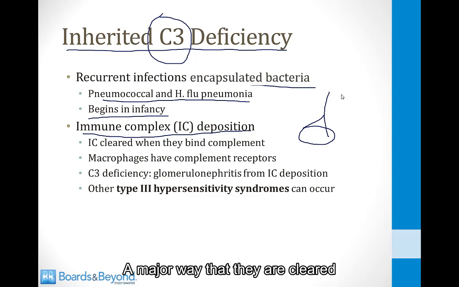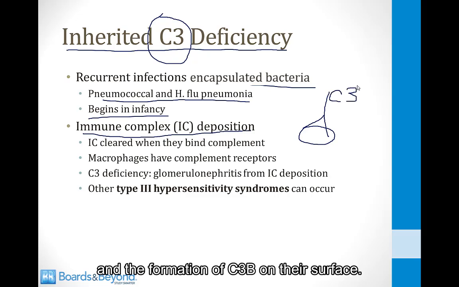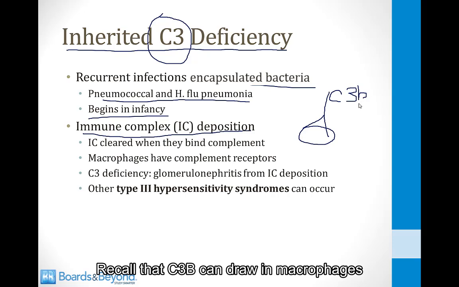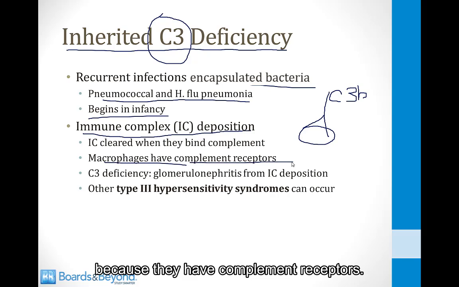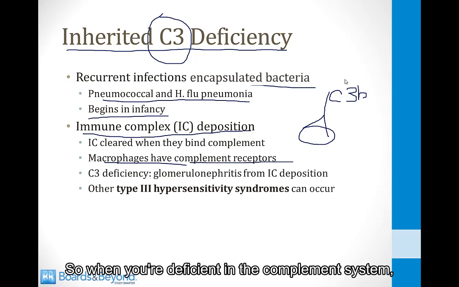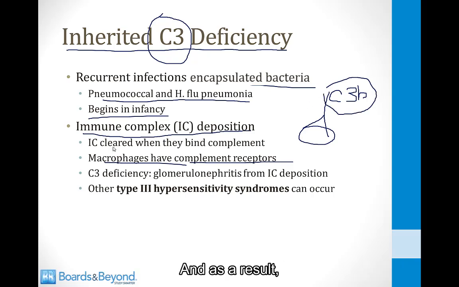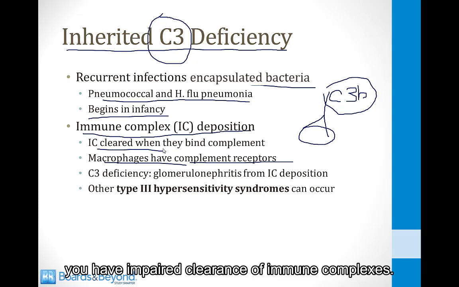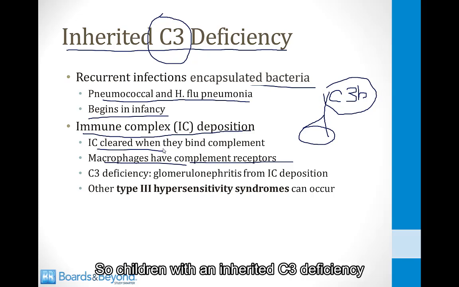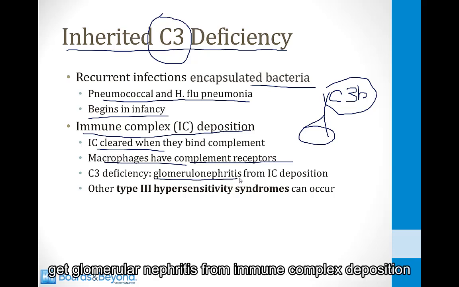A major way that they are cleared is by complement activation and the formation of C3b on their surface. Recall that C3b can draw in macrophages because they have complement receptors. So when you're deficient in the complement system, you can't form this C3b and you can't draw in macrophages, and as a result, you have impaired clearance of immune complexes. So children with an inherited C3 deficiency get glomerulonephritis from immune complex deposition in their kidneys.